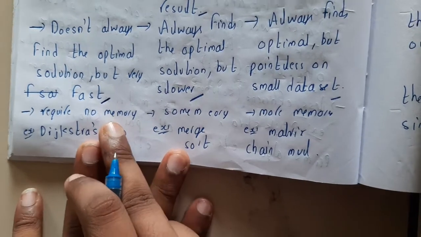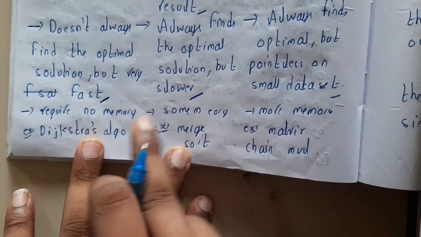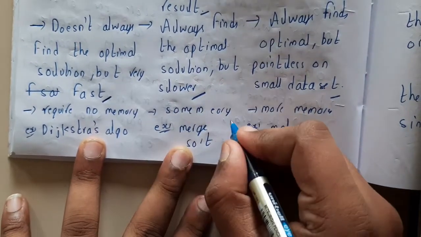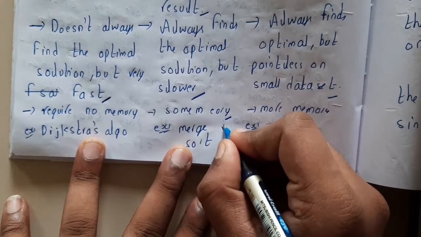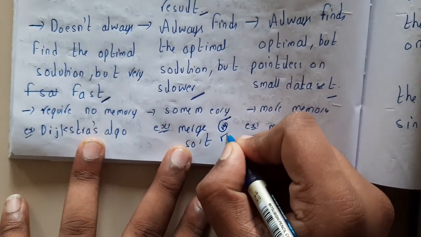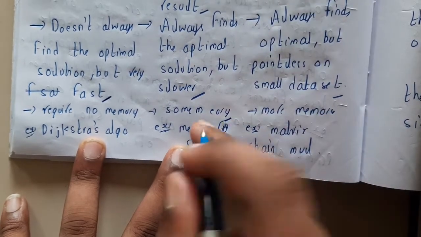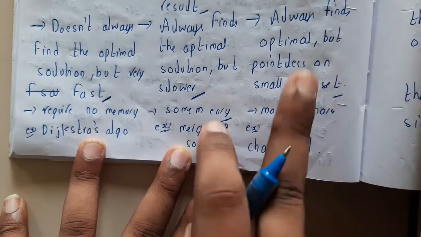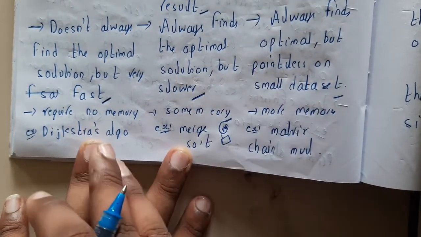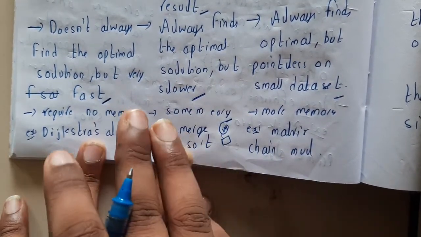In greedy there is no memory requirement, whereas in divide and conquer some algorithms need it, like merge sort, where we store elements in a different array. In dynamic programming we mandatorily need memory because every subproblem answer is stored somewhere.